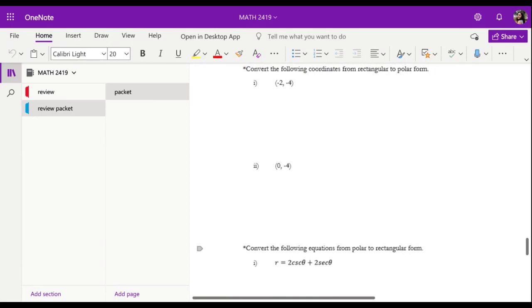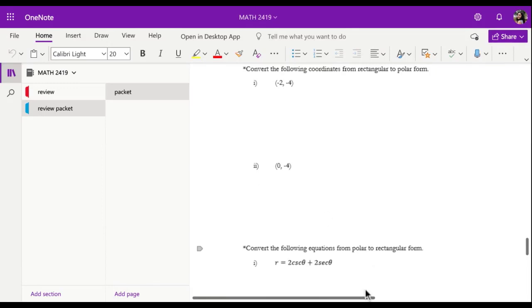That's a good question. As I was saying, tangent is undefined at pi over 2 as well. But if you look at the unit circle, pi over 2 is actually in between the first and second quadrant, right? So that's telling you that you're on the top half of the axes. But our original coordinates were actually (0, -4), so -4 is on the negative y-axis.